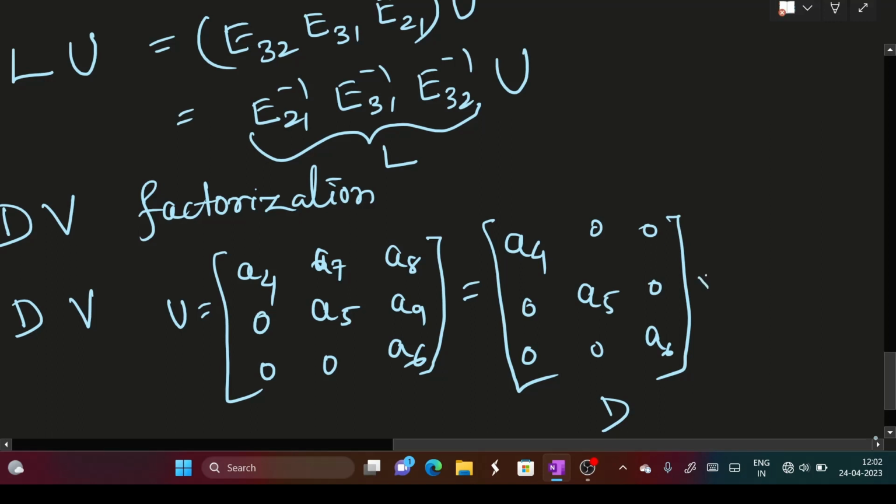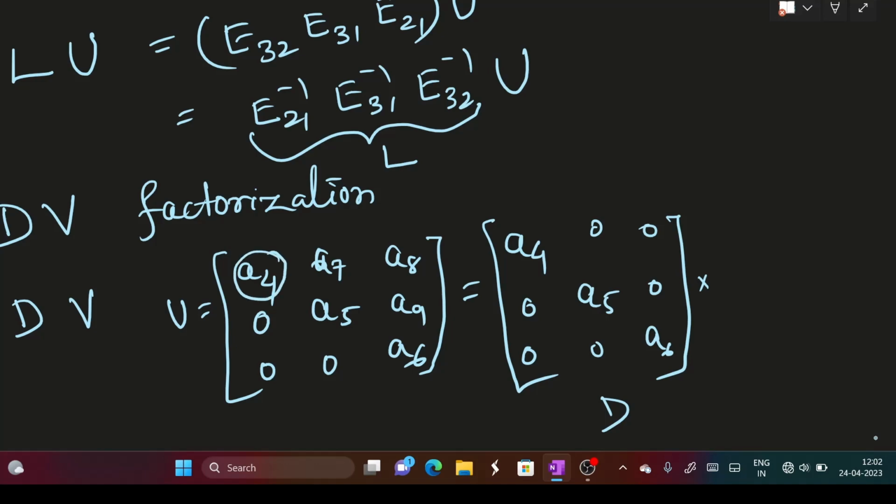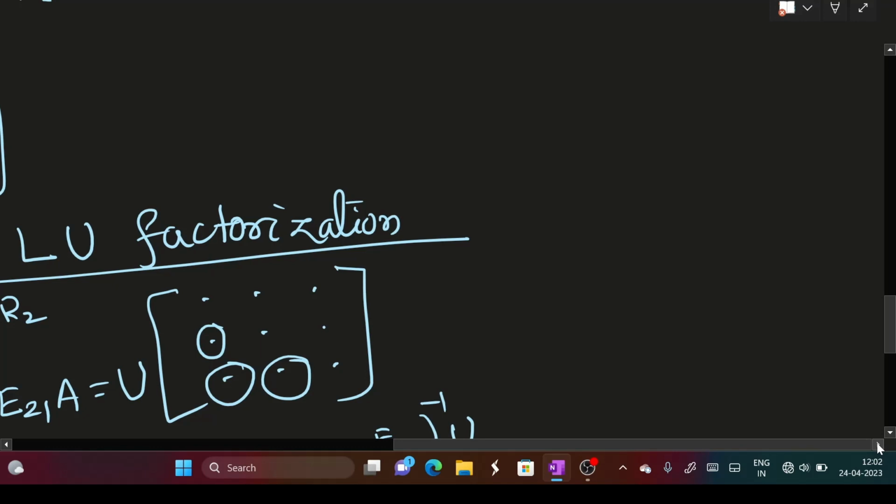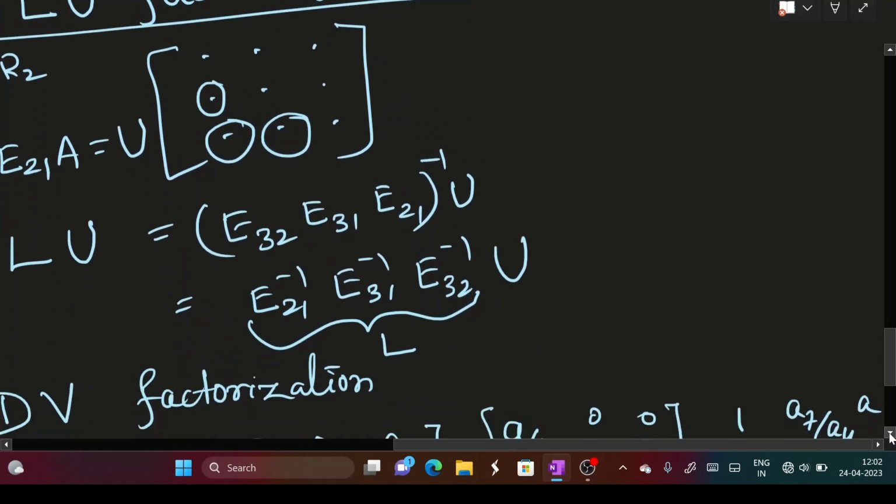Now I want to write down V. What I will do? I will divide my first row by the first pivot, second row by second pivot, third row by third pivot. The resultant matrix is an upper triangular matrix that will play the role of V. So how much is it? 1, A7 by A4, A8 by A4.